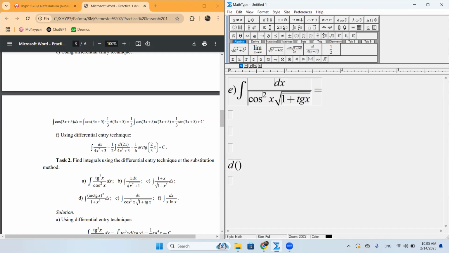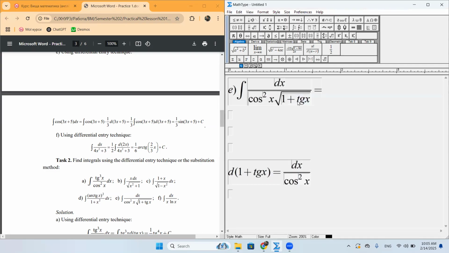Okay. Actually, we should move this whole expression under the differential. So we will receive the same as the differential of tangent, because the 1 will be differentiated to zero. Sometimes it can be not obvious.